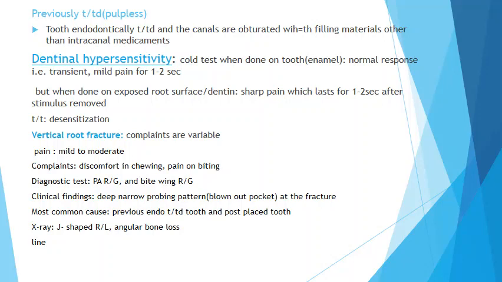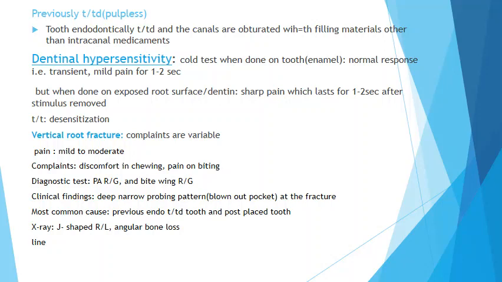When the diagnostic tests, periapical radiograph and bite wing radiograph, are taken, we will tell you what the X-ray shows, but before that the clinical findings will be a deep narrow probing pattern at the site of fracture. This is very important. There will be only a single pocket present at the site of fracture, which is also called a blown out pocket.